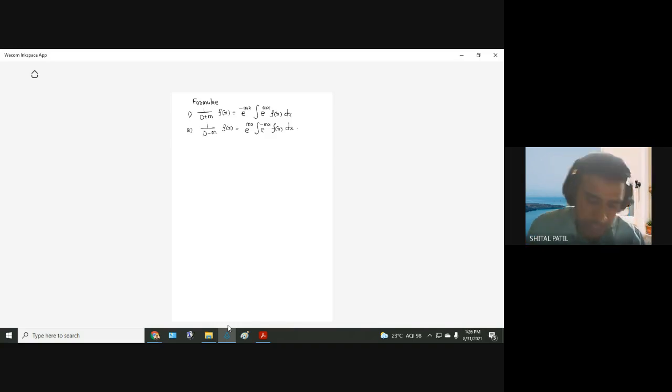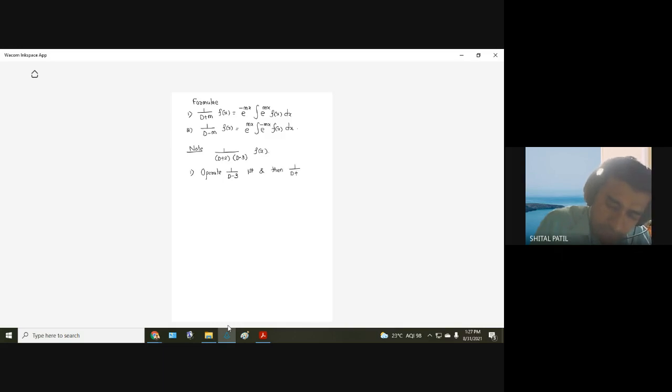Then note: say I want to operate 1 upon d plus 2 and d minus 3 on some function. What are the different options? One, operate 1 upon d minus 3 first and then 1 upon d plus 2.